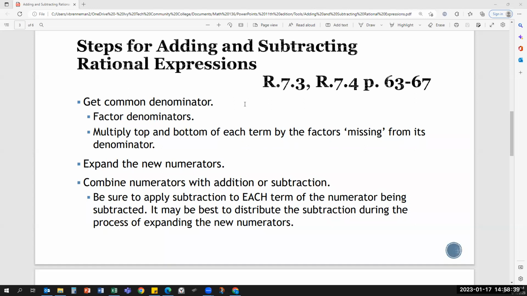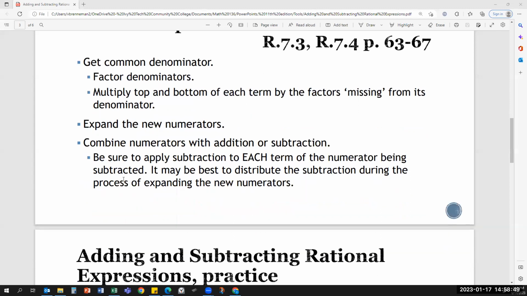Then expand out the new numerators, so multiply whatever expressions are being multiplied. Then you can add and combine like terms on the numerators, making sure if there's subtraction, that it applies to each term of the numerator of the fraction that's being subtracted.